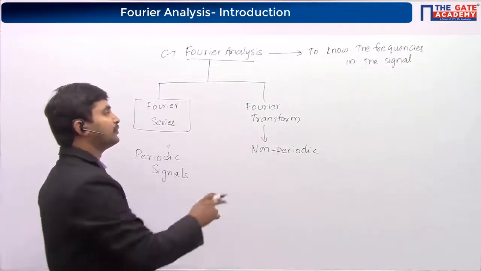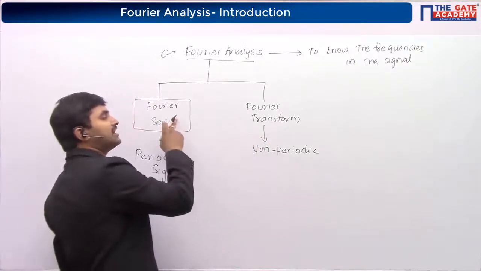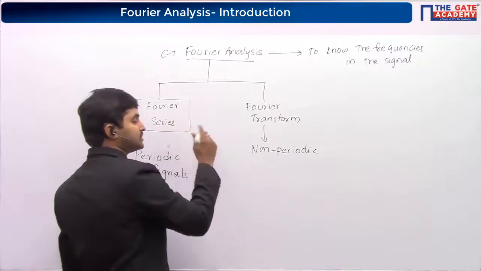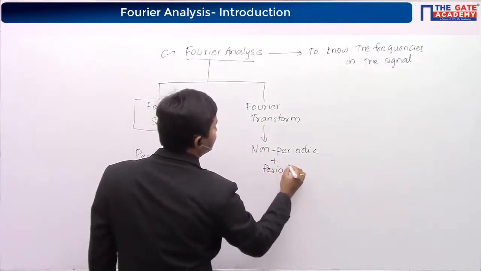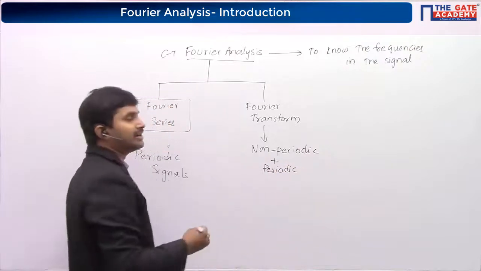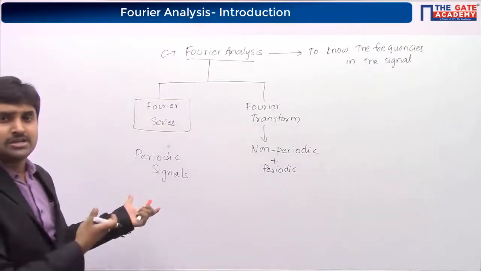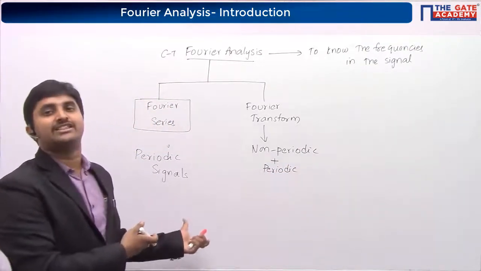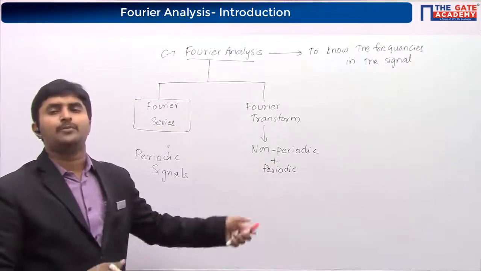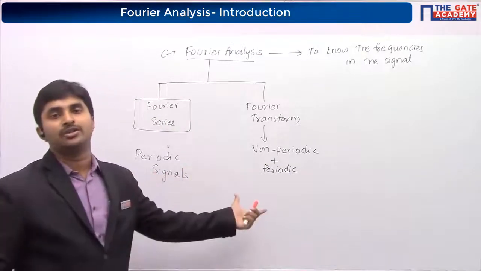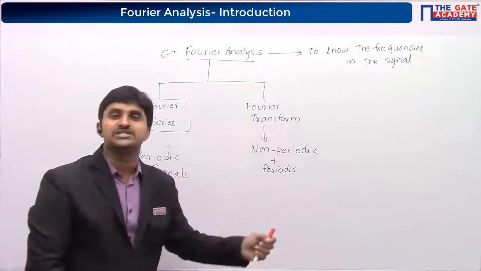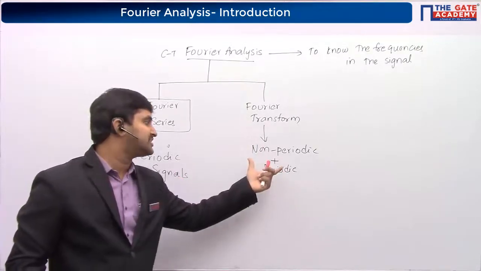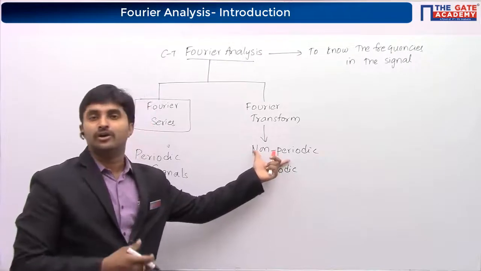But Fourier transform is a more generalized tool compared to the Fourier series. So even if you have periodic signals, they can be dealt with by the Fourier transform. But because periodic is taken care of in the case of Fourier series, we will not put a lot of focus on periodic signals as far as the Fourier transform is concerned. Our major focus will be on non-periodic signals.